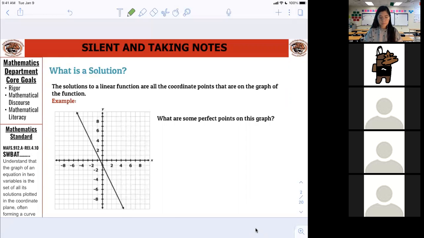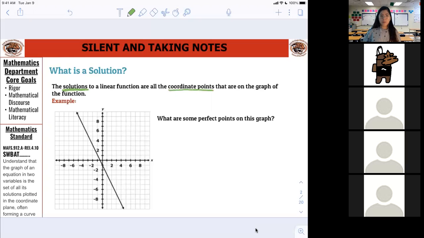The solution to a linear function are all the coordinate points that are on the graph of the function. Exactly. So when it asks you about a solution, I want you guys to write down this definition. The solution or solutions to a linear function are all the coordinate points that are on the graph of the function.